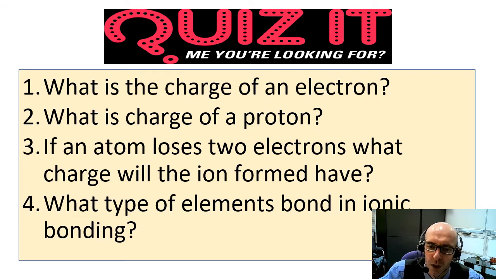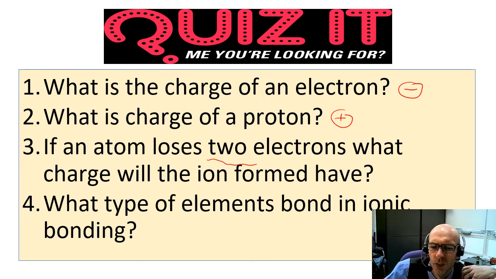Okay, let's see what you've put. What is the charge of an electron? They are negative. What is the charge of a proton? They are positive. If an atom loses 2 electrons, so it's losing 2 of the negatives, it'll be +2, positive by 2. And what type of elements bond in ionic bonding?